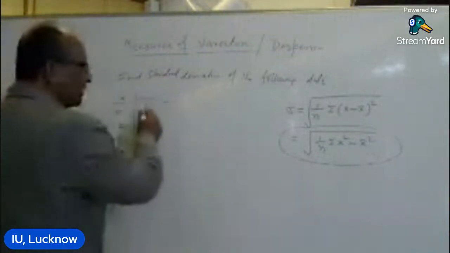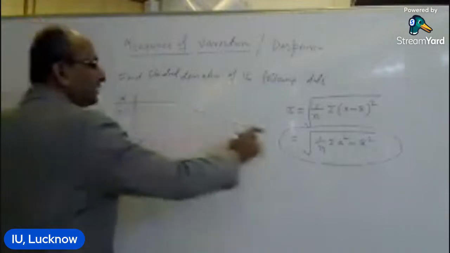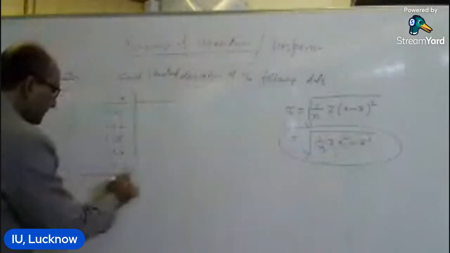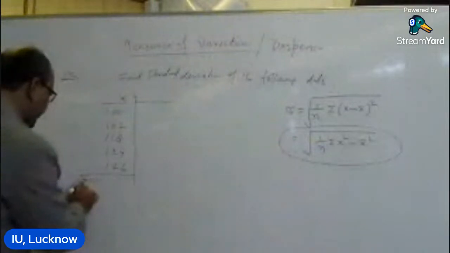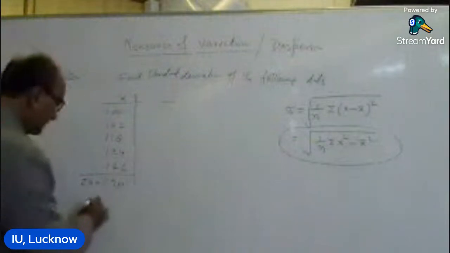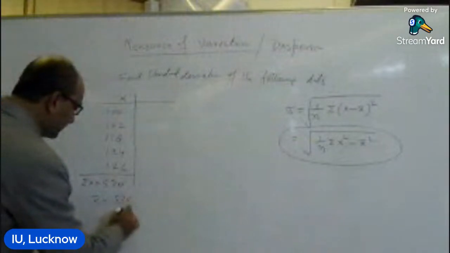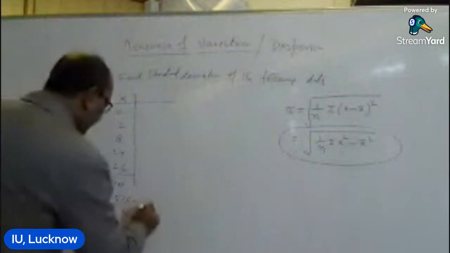First we have to find x bar. We already found the mean of this observation, and summation x is equal to 570. So mean x bar is equal to 570 divided by 5, and this will be 114.